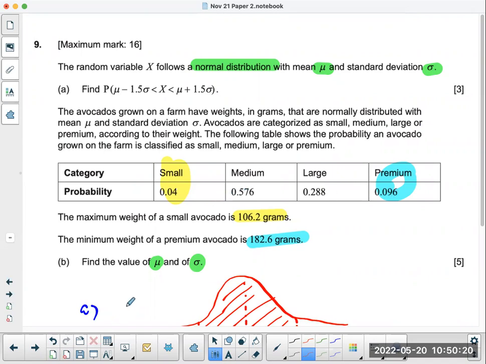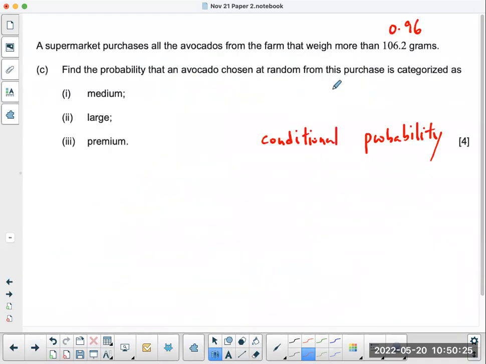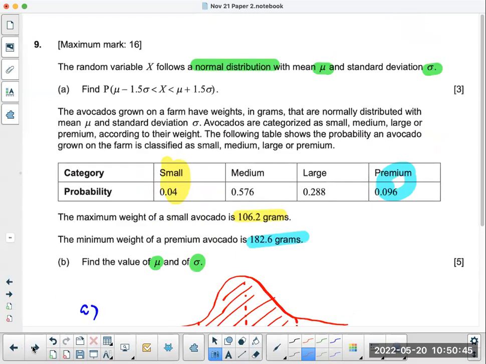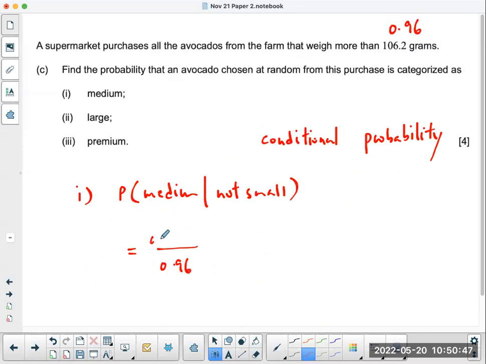Okay, so what are we looking for here then? Yeah, so medium would be probability of medium given that they're not small. So the denominator is going to be 0.96. The numerator is going to be 0.576. And if you divide that, around the 3 sig fig, it's about 0.6.